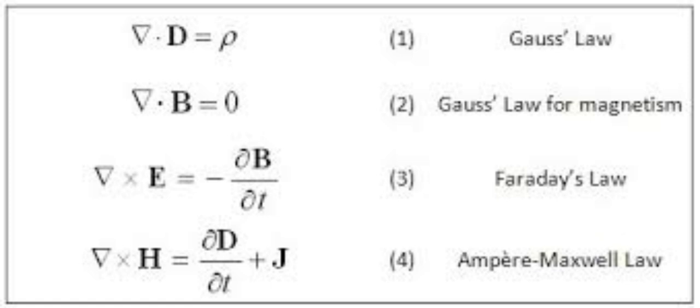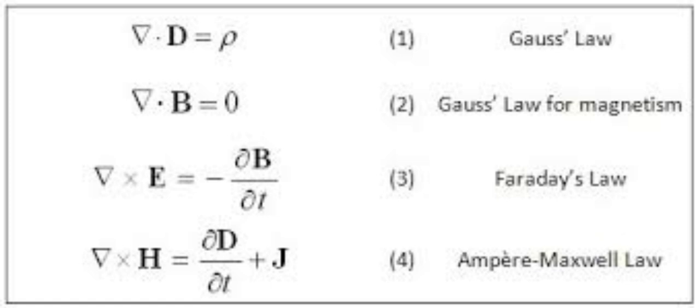Now to our last equation, we have the Ampere's law. Ampere's law originally stated that a steady electric current produces a magnetic field. However, Maxwell realized something profound. A changing electric field itself can also generate a magnetic field.